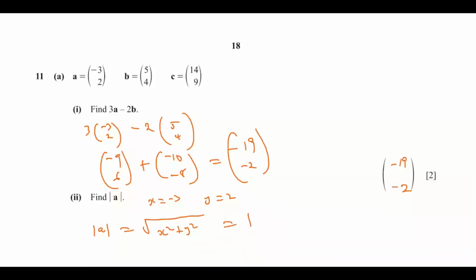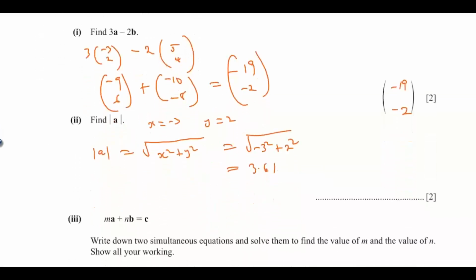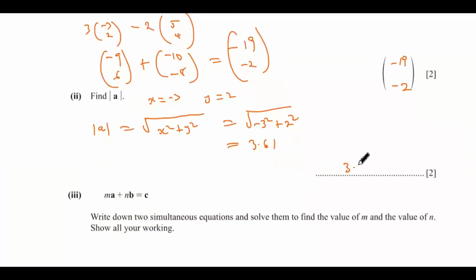That will be the square root of negative 3 squared plus 2 squared. If you input this into your calculator, this will give you 9 plus 4. That will be root 13, approximately 3.61. You don't need to waste time there. This will be 3.61.